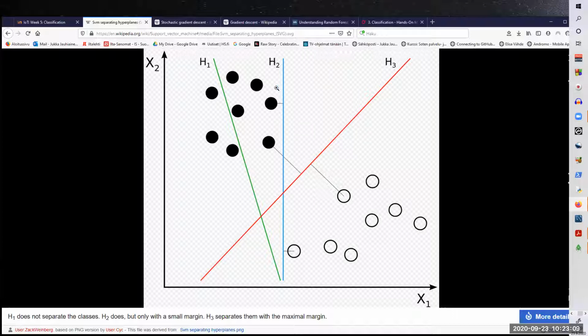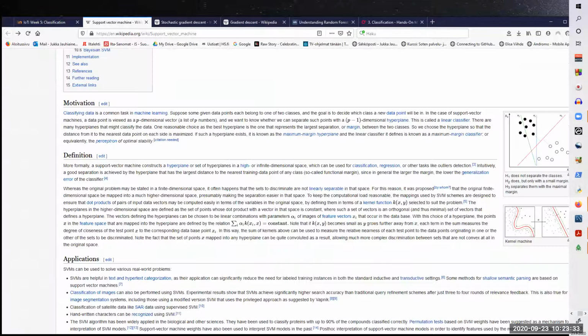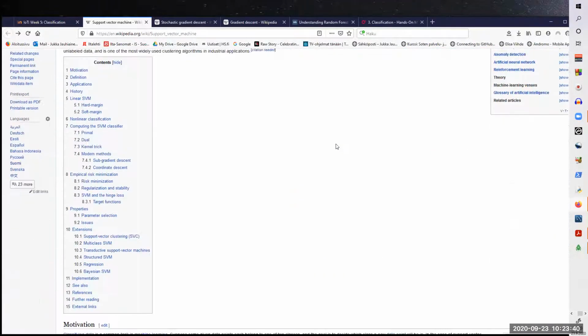This H2 does separate the datasets, but only by a small margin. But there can be found one line that has the maximum margin to both of these datasets, and that's the idea of this algorithm. It has a fancy name, support vector machine, but the idea is quite simple.